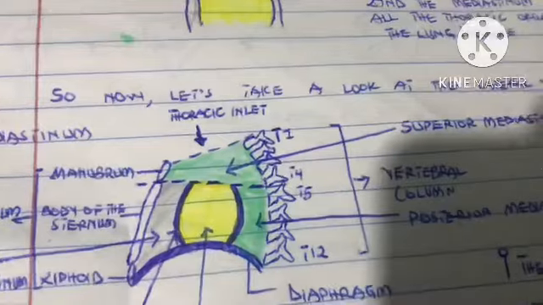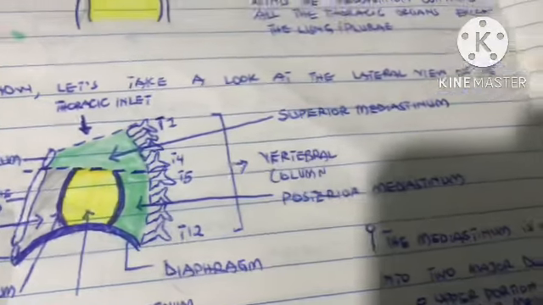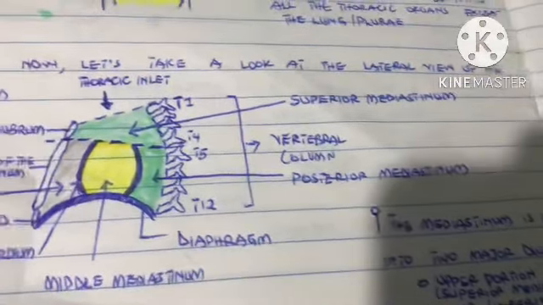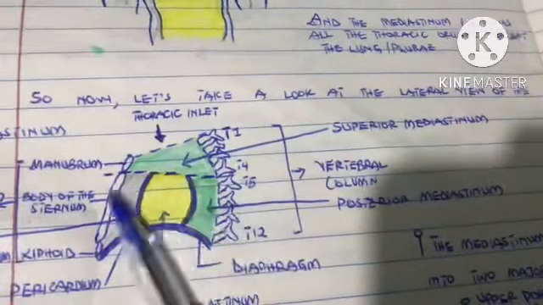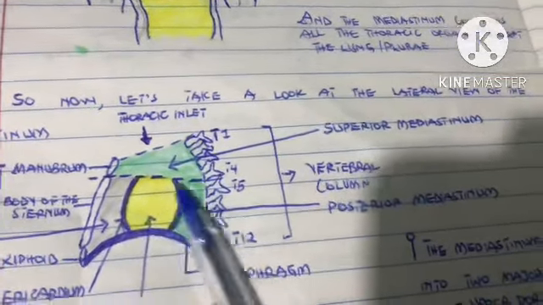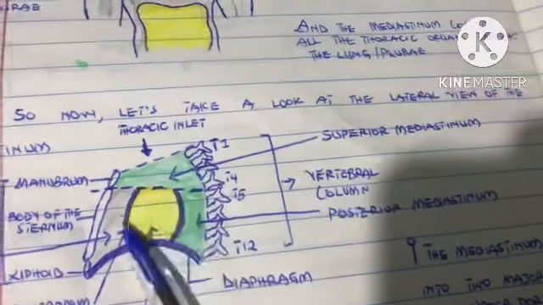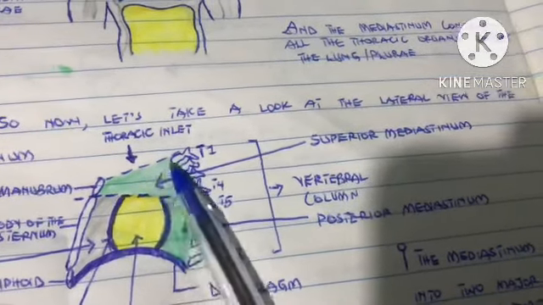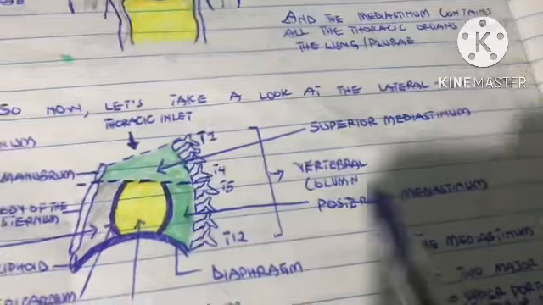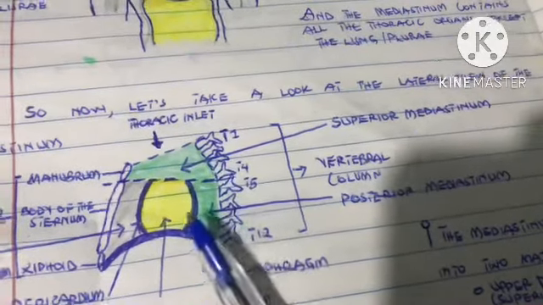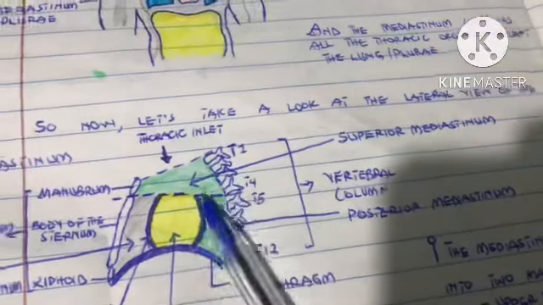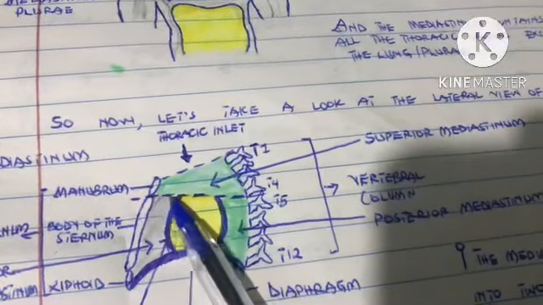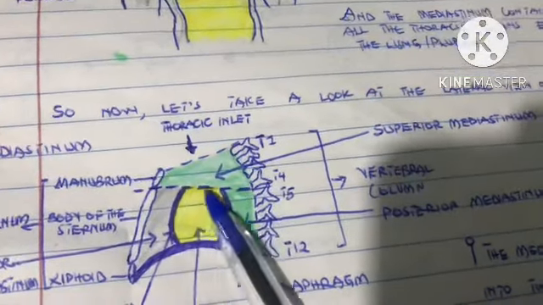The mediastinum that we are talking about is divided into two major parts, the superior mediastinum and the inferior mediastinum. So this whole place here is what? The inferior mediastinum, and the upper portion is the what? The superior mediastinum. The mediastinum is divided into these two parts by an imaginary line here.